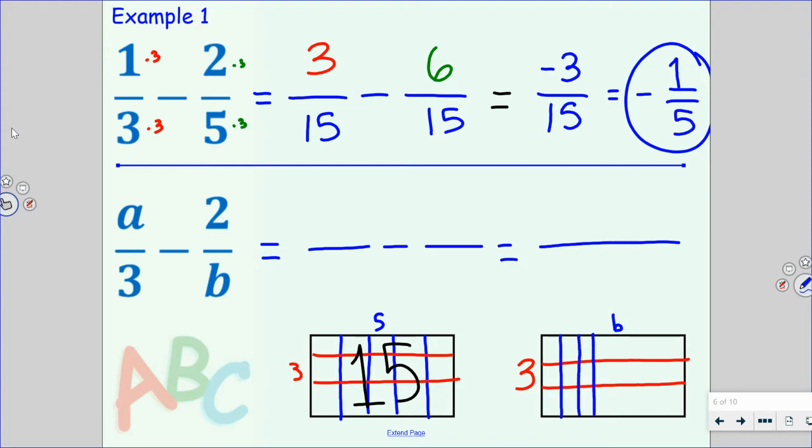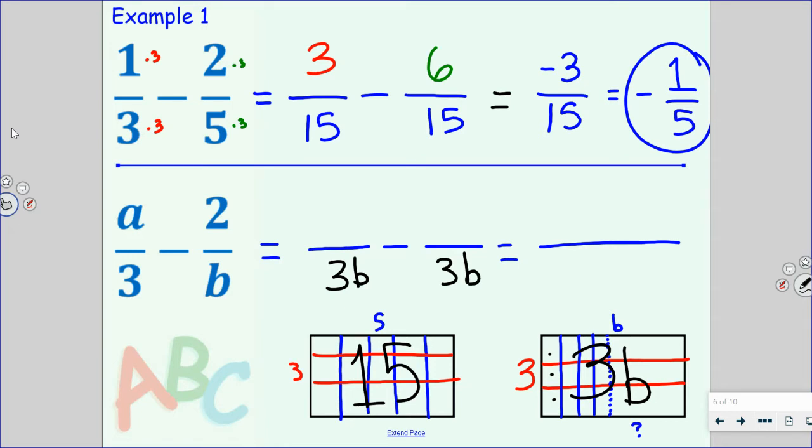Maybe I'll put a dash line just to show that it does keep on going, but we don't know how many times. However, we can now see that you will have B columns of 3. Therefore, our least common denominator will be 3B.